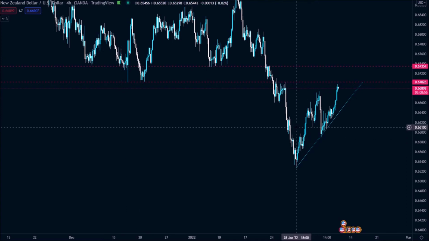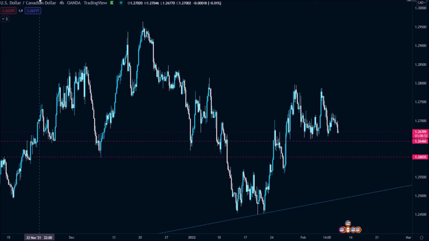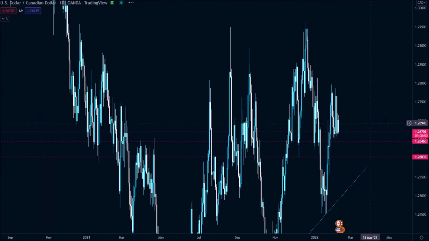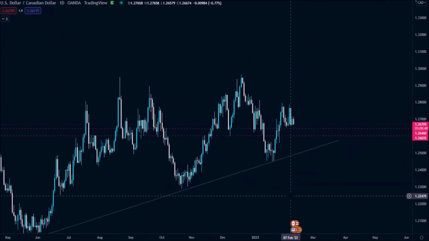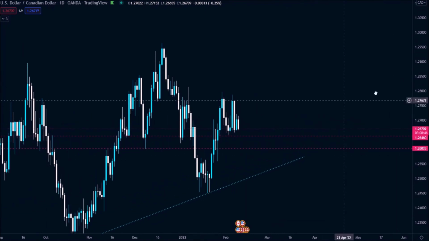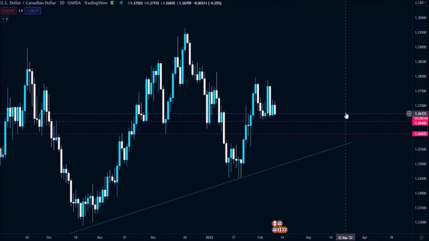Let's finish off with dollar CAD and dollar yen. Dollar CAD, let's go out to the daily. Price action is not really something that interests me, but we are above higher time frame support, so I think one more raid and then back above.